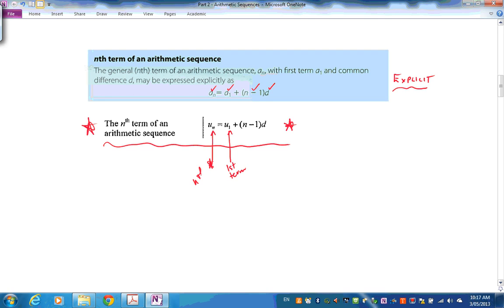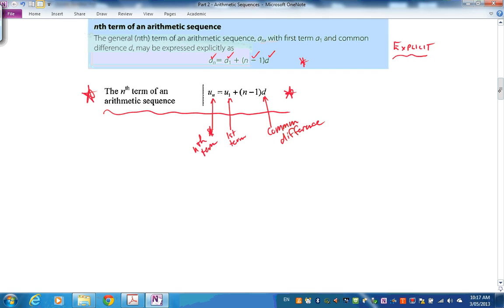This is the nth term, u_n, any term you want, and then it's (n-1) times the common difference. That's the notation they like, so I encourage you to use that IB notation rather than the a notation up there. So we're getting an explicit statement.